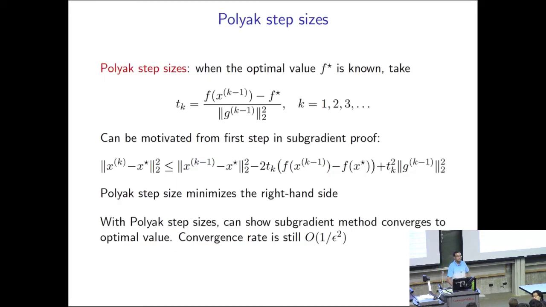Yeah. So could we replace f star with something like a... I don't know. So if we lower bounded f star, then I'm trying to see what we would say about the convergence rate.